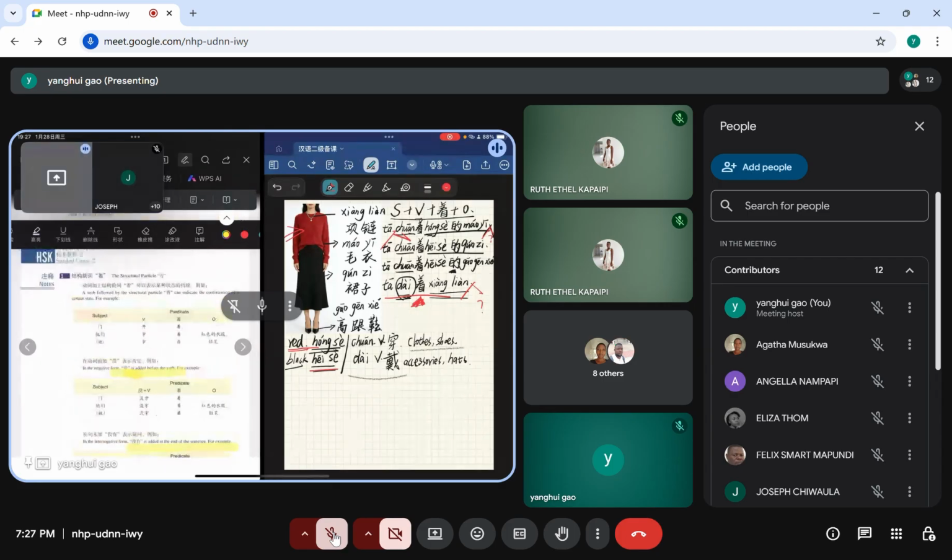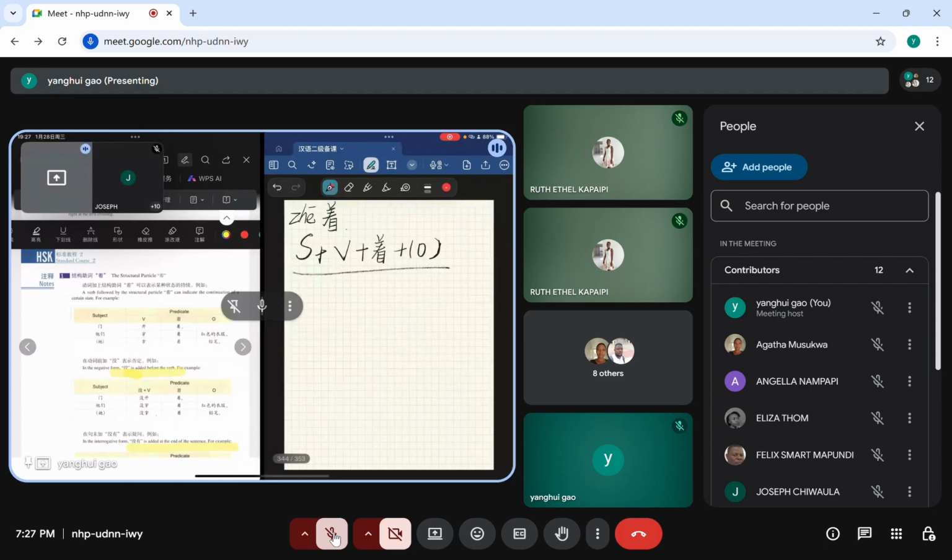Okay, so this is the first language point, 着. We use a subject, a verb, and 着, and an object or not. It is used to show that a certain state is being maintained.